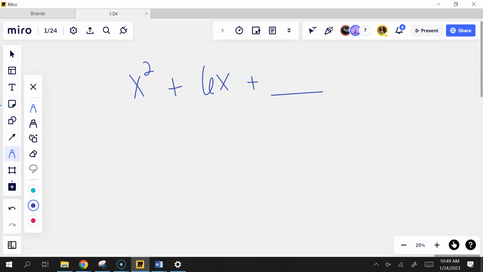In order for this to be a perfect square trinomial, what would I need to put? 36. No. We're so close. 36x. No. 9. Why 9, y'all? It's got to double in the middle, right?